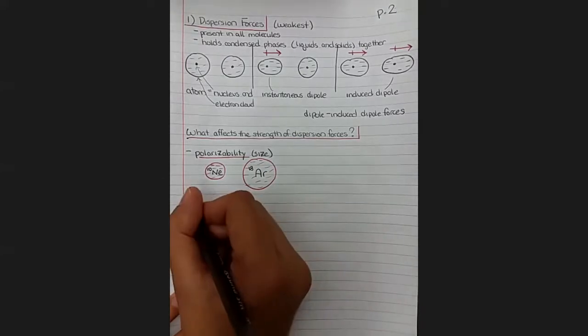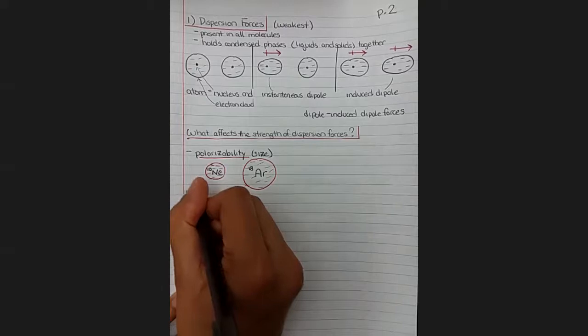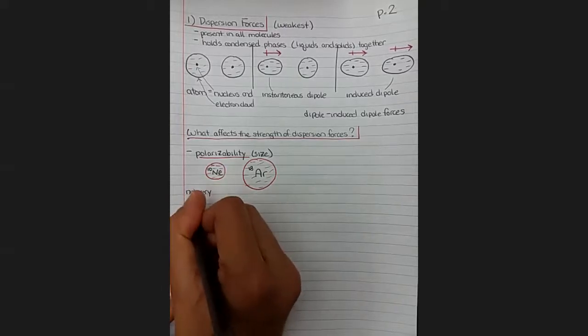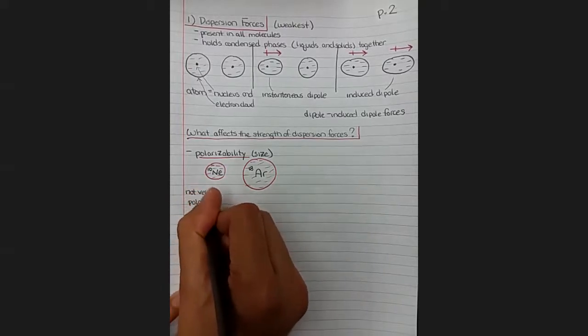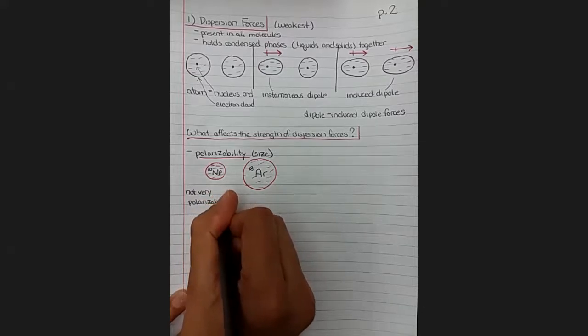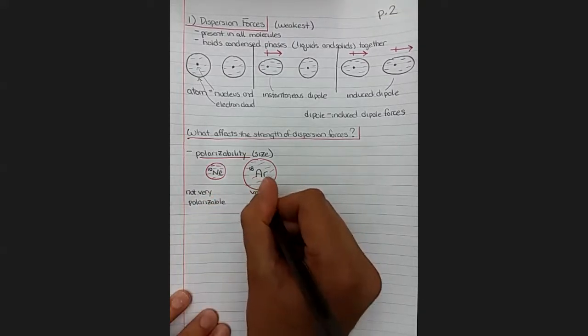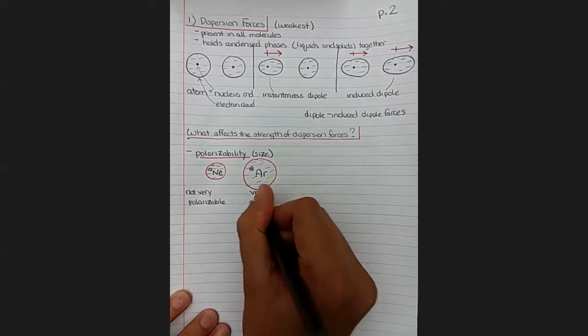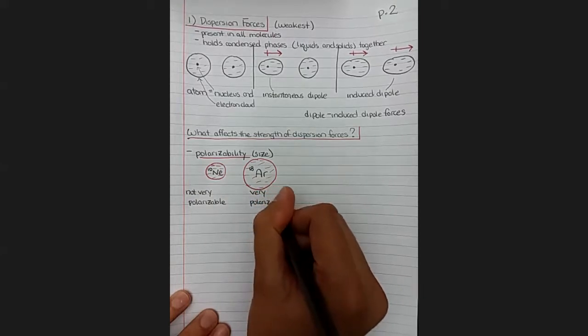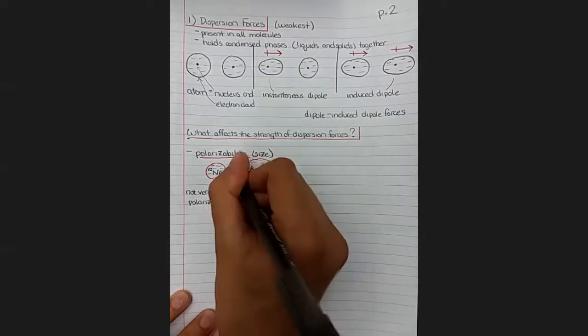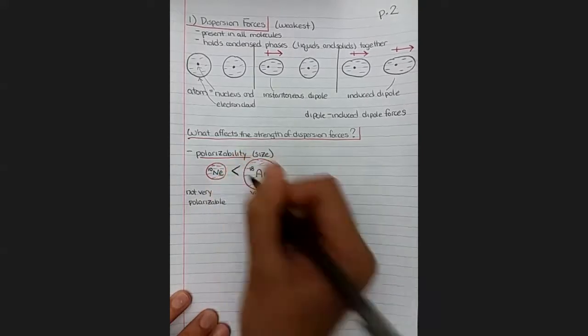So we're going to say that neon is not very polarizable because it's so small, and argon is going to be very polarizable because it's so large. So we'll put in an arrow here.